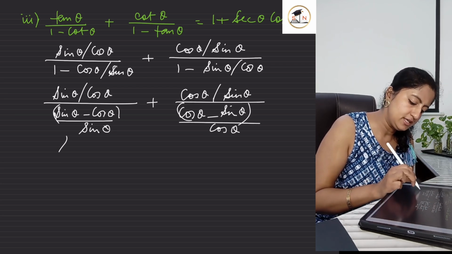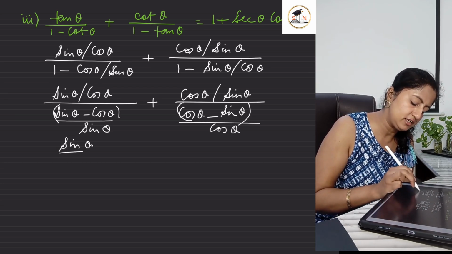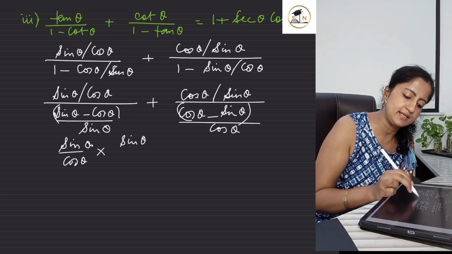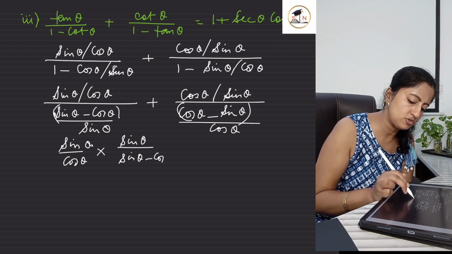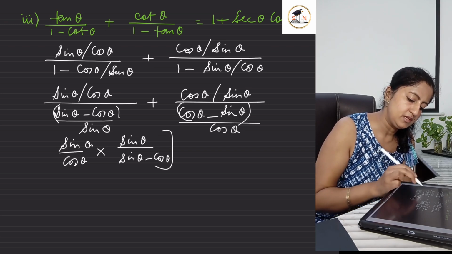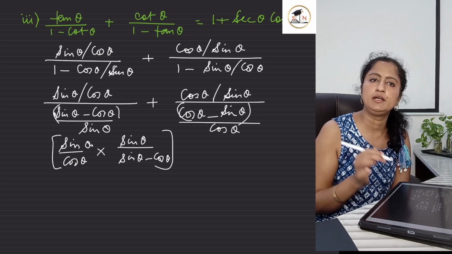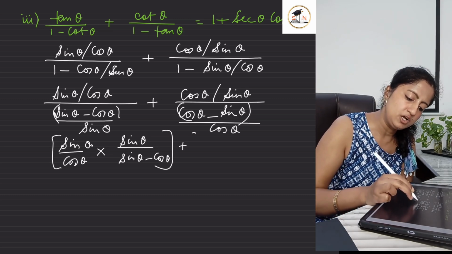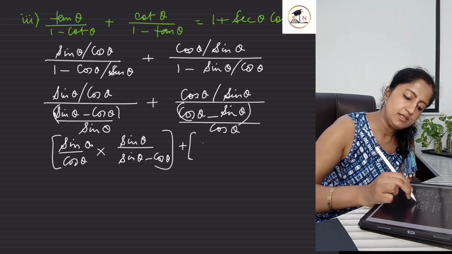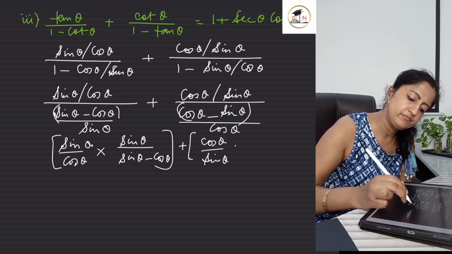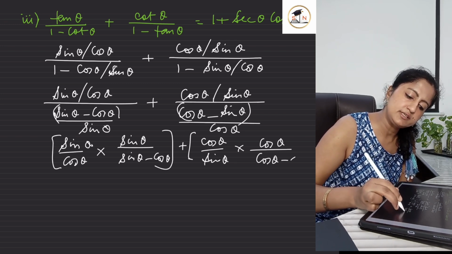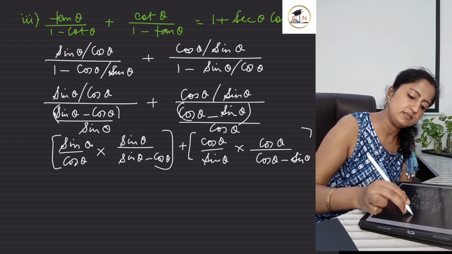And let's do that. So what we get is sine theta over cos theta into, now the denominator sine theta went up, and we have sine theta minus cos theta over here. I am now capturing them in independent brackets so as not to confuse ourselves. Then cos theta over sine theta into cos theta over cos theta minus sine theta.